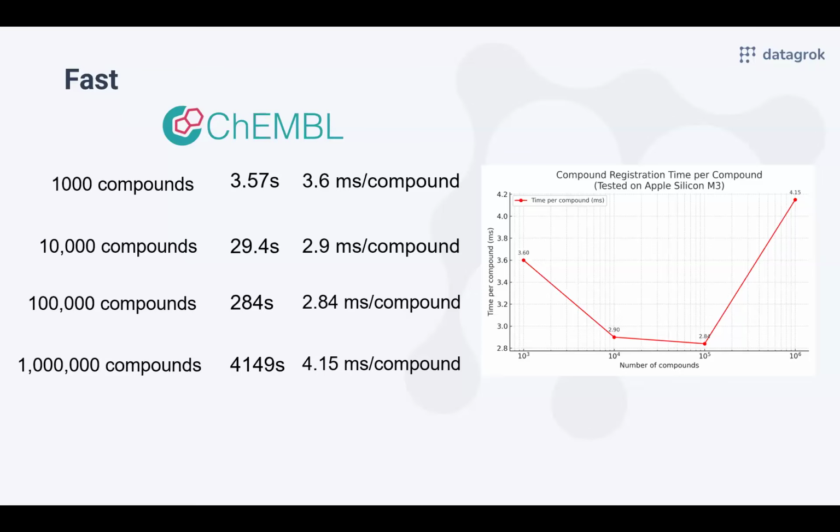You see that it's pretty fast. For instance, we have 1,000 compounds registered in 3 seconds, 10,000 compounds in under 30 seconds. That's probably fine. And for 1 million compounds, we have about 4 milliseconds per compound, which is also quite great. It doesn't take that much time.